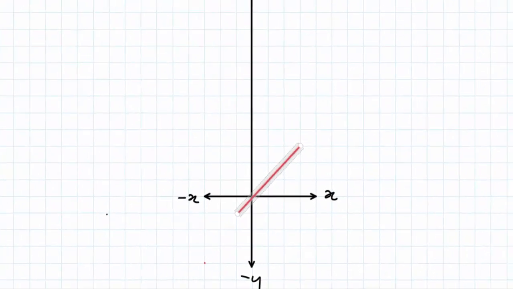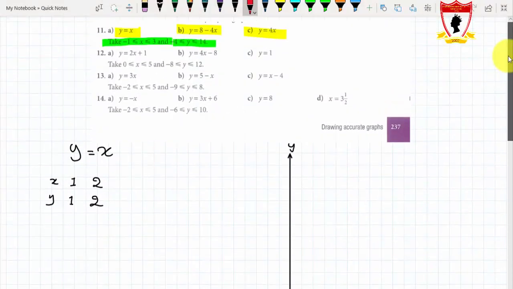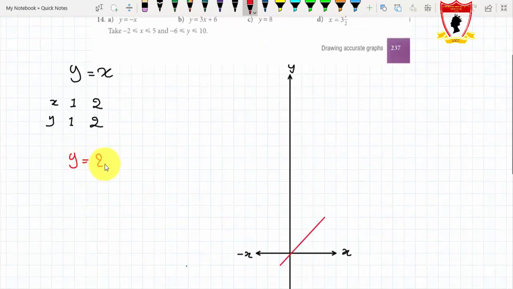The second equation, y equals 8 minus 4x. Now let's draw the graph of this equation. Then this is the x value, and we work out the y value. Again, it should be from negative 1 to 3, the values of x. Let's say negative 1, then 0, then 3.